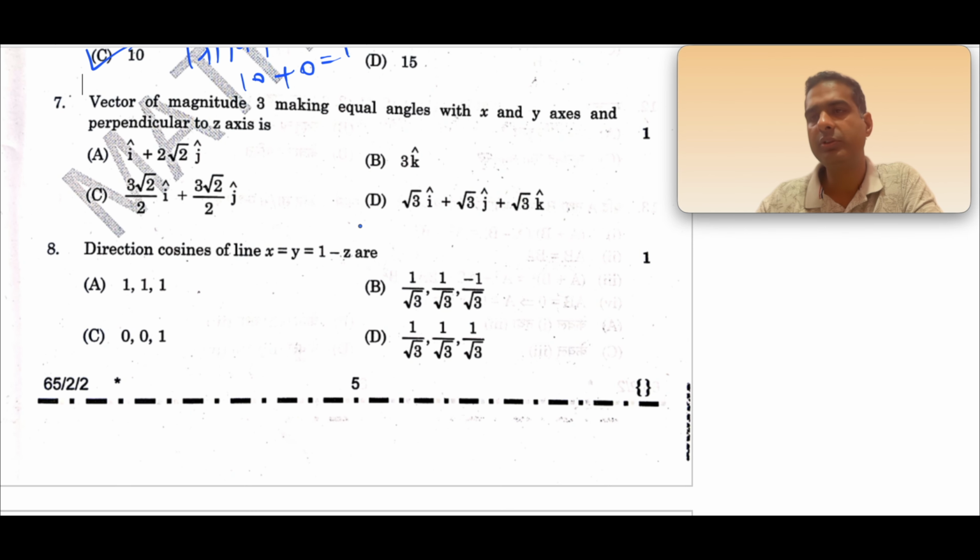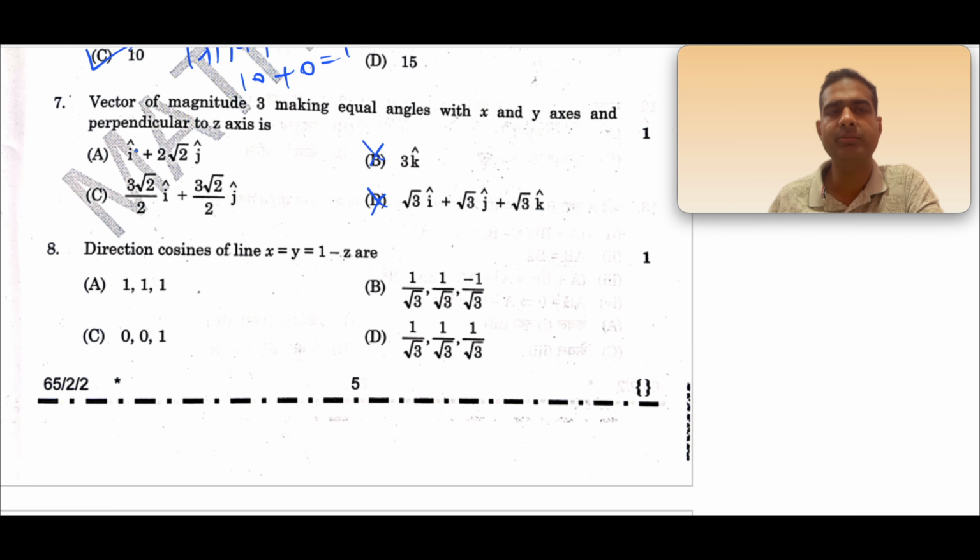Moving to question number 7, a vector of magnitude 3 making equal angles with x and y axis and perpendicular to z axis. Since the vector is perpendicular to z axis, its direction cosine will be 0, so it will not have a k unit vector component.